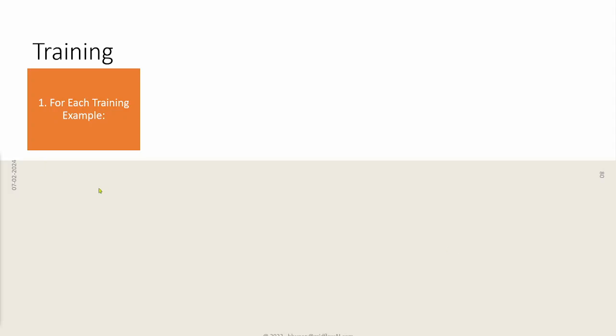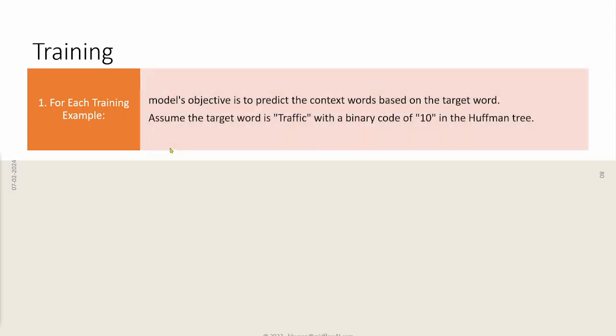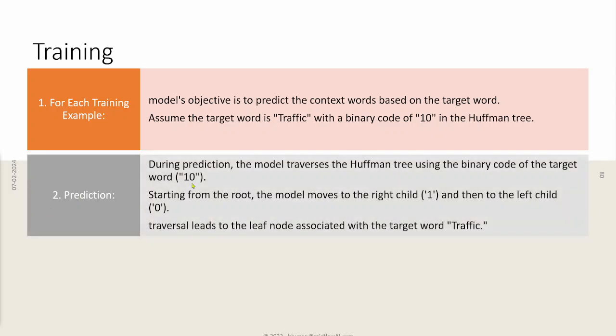For each training pair, the model's objective is to predict the context word based on the target word, if it is the skip-gram model. Let's say the target word is traffic, with the code 1 and 0 in the Huffman tree. We need to predict where 1, 0 exists in the tree.